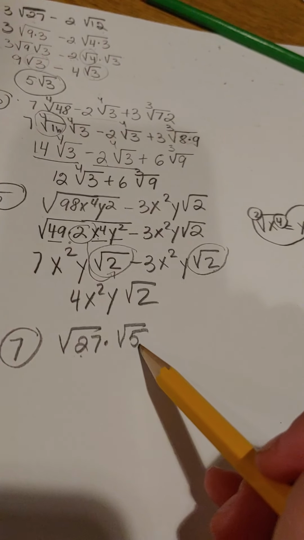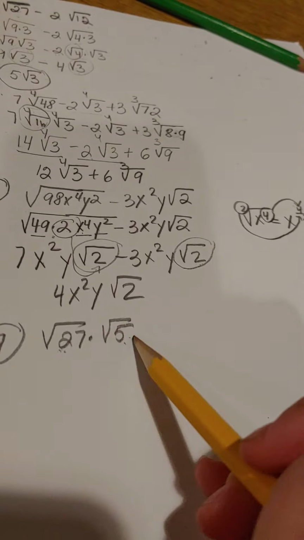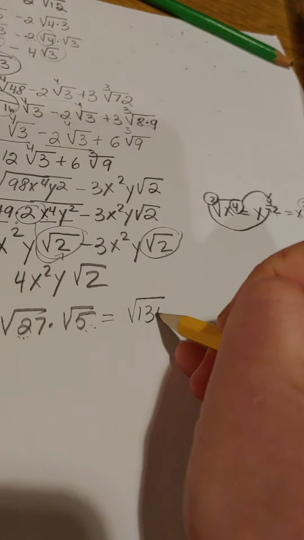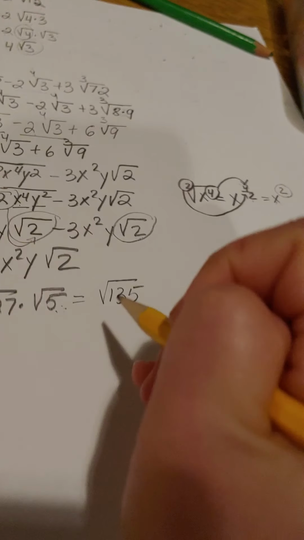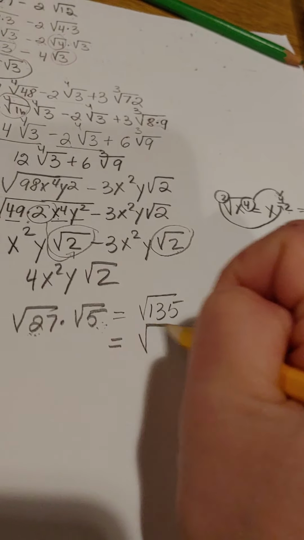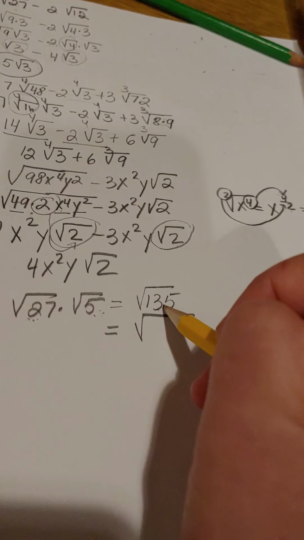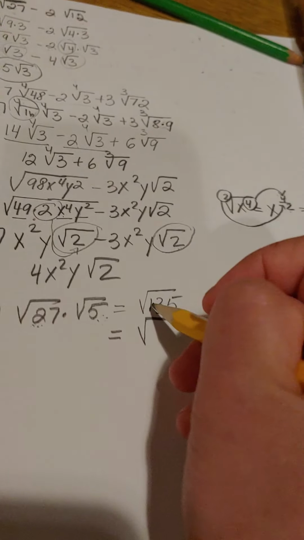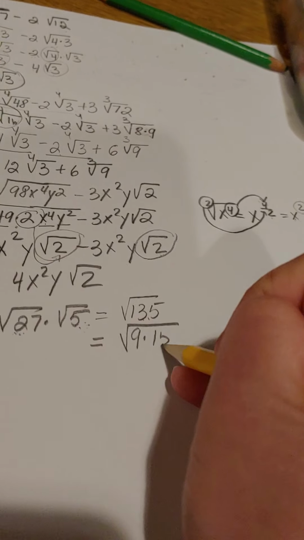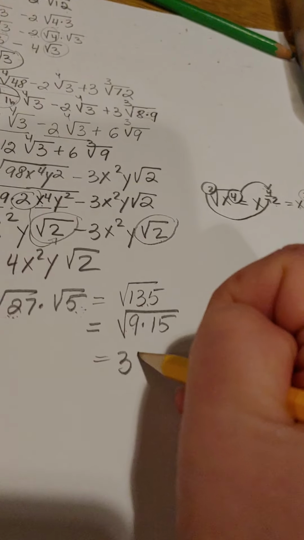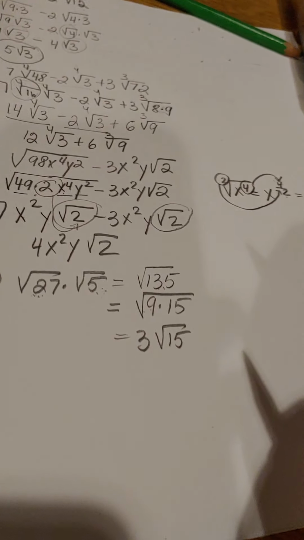So what we can do is multiply them. 27 times 5 is 135. 135 can be factored so that one factor is a perfect square: 9 times 15. The 9 is the perfect square. The square root of 9 is 3, so the answer is 3 square root of 15.